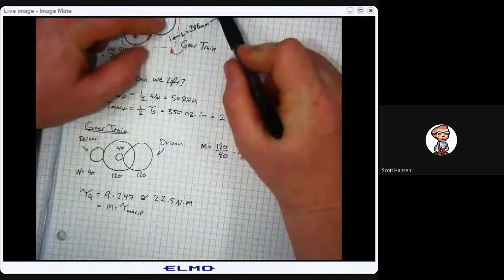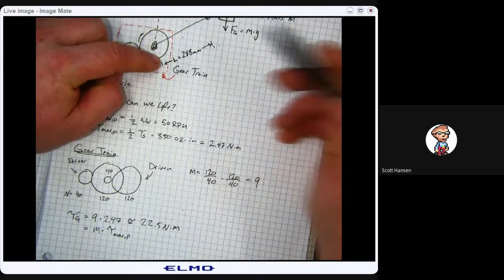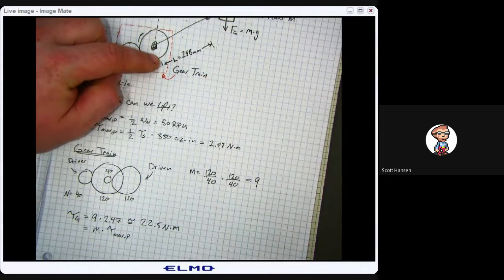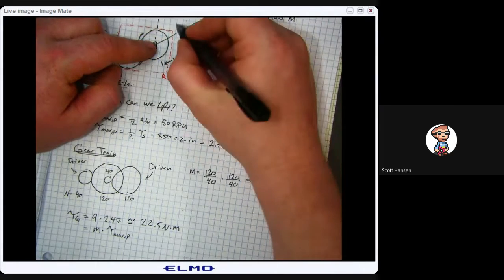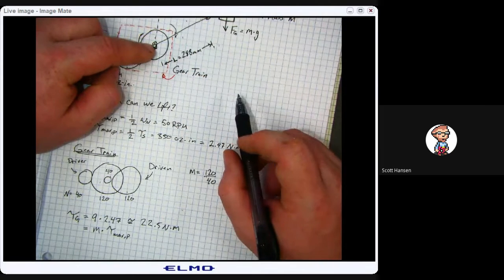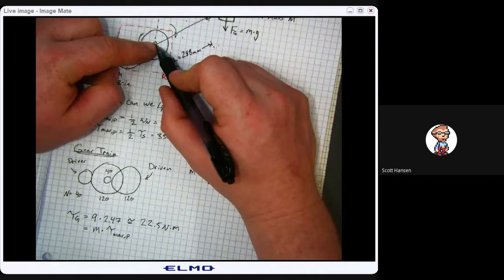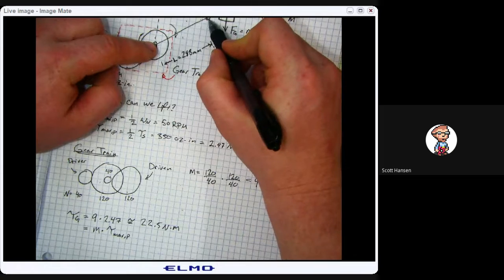How much weight can I lift up at a distance of 288 millimeters? Well, that's another simple torque problem. So here I've got a torque here. Here I've got a weight out here.